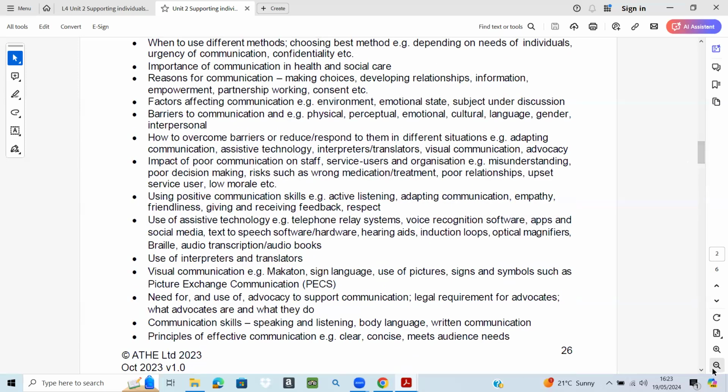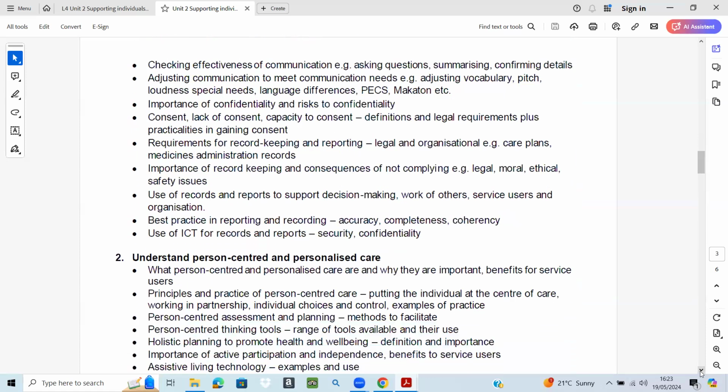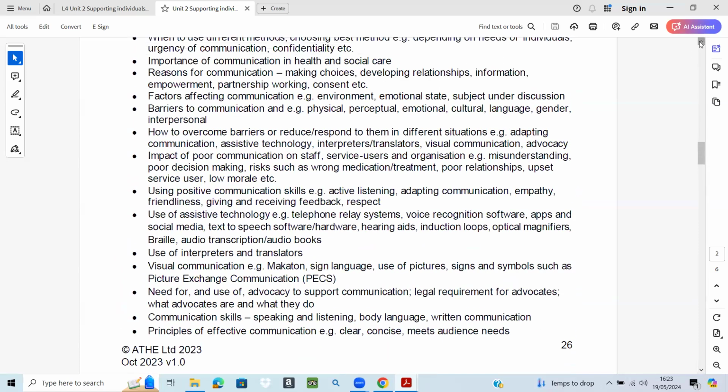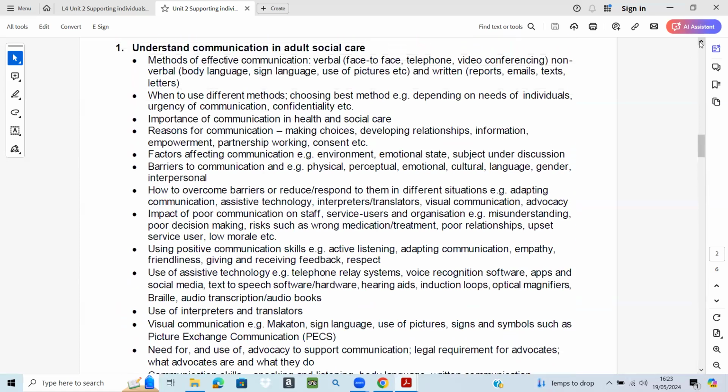We have four learning outcomes, and four different indicative contents related to each learning outcome. We review these again in today's lecture as well.